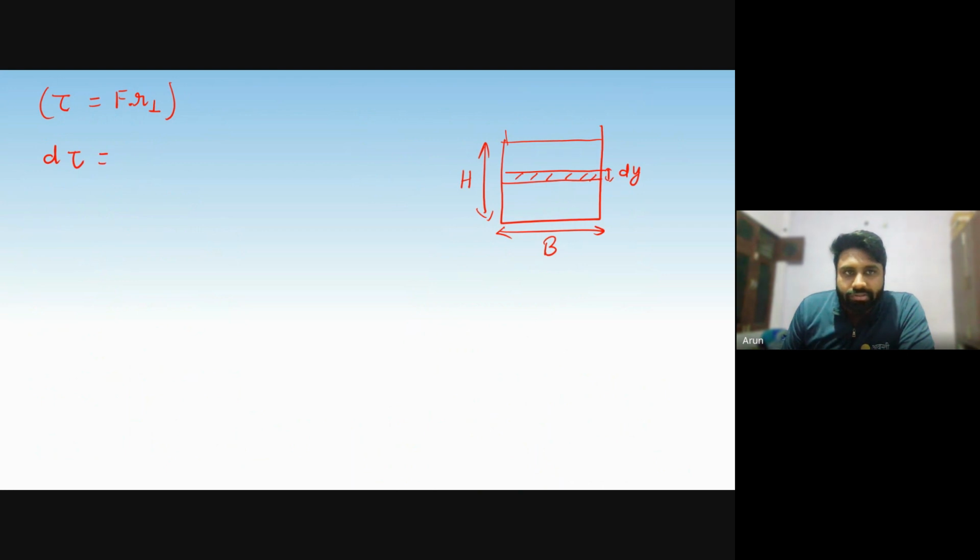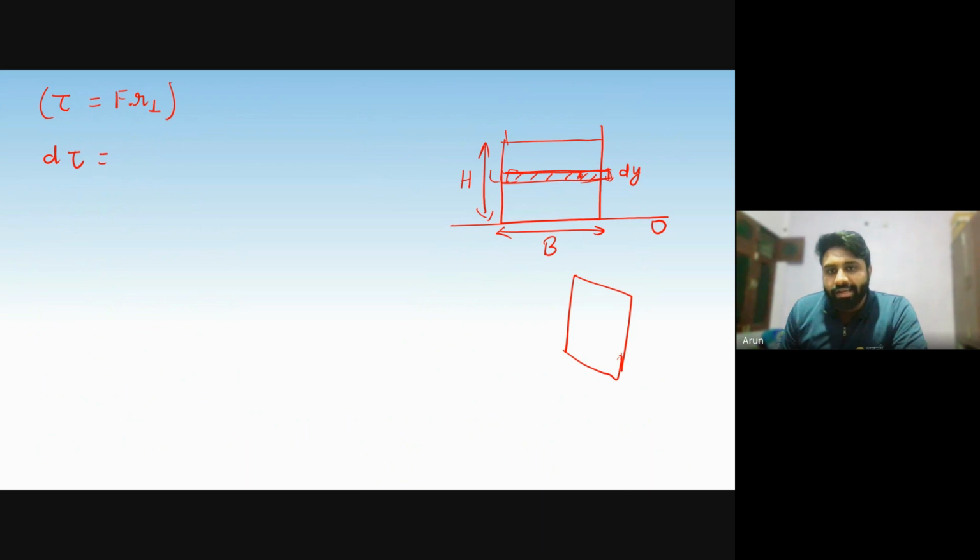d tau is equal to, about this axis, let's say this axis is O. On this strip, the water will want to come out, so it will apply a torque like this. So this is the gate of the dam. Water wants to flow out like this, so it wants to rotate the gate like this about this axis.